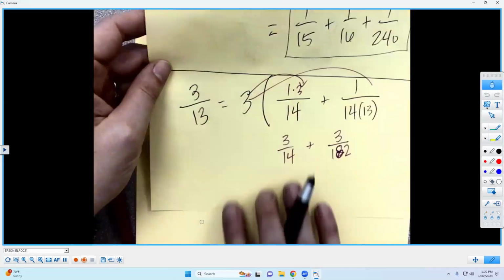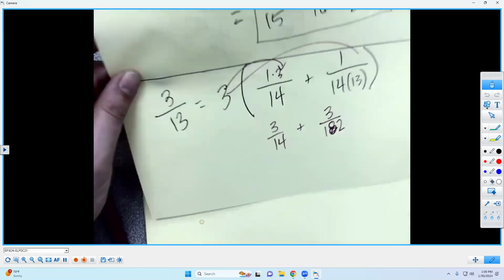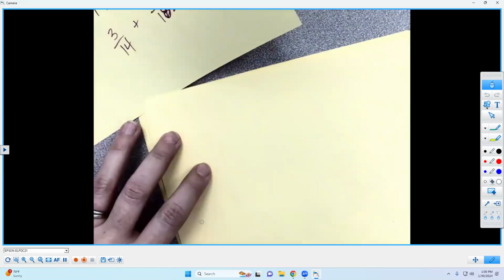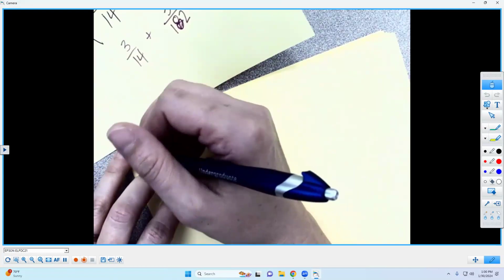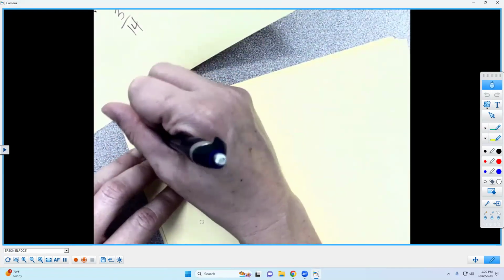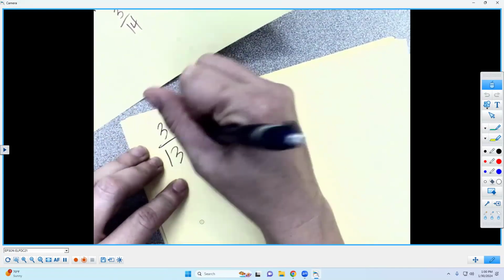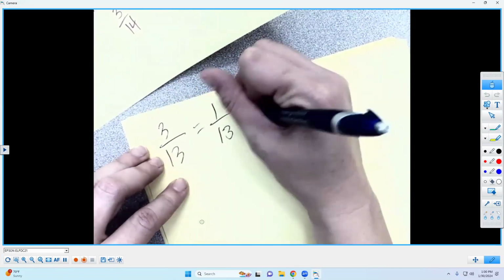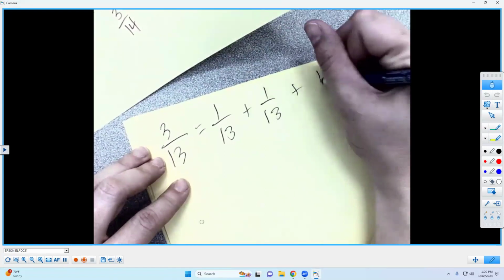Okay, so 3/13. One way is, I'm going to do the awful one first, so that the easier one is something you'd rather do. So 3/13 I could write as 1/13 plus 1/13 plus 1/13.